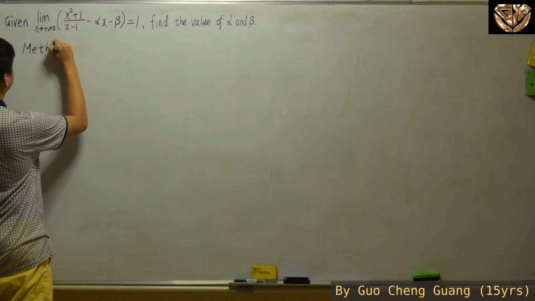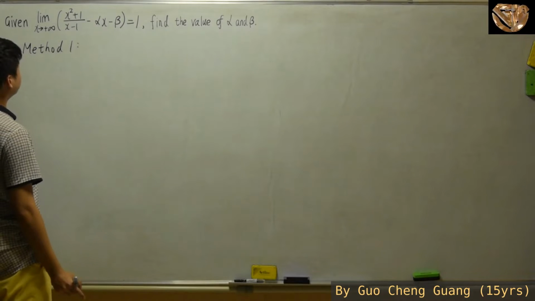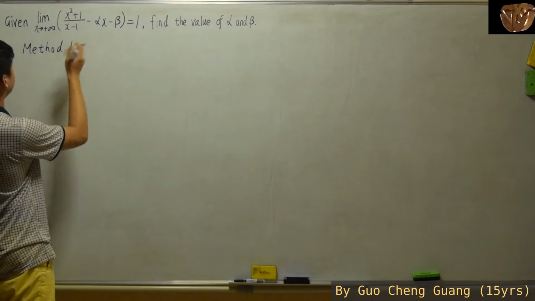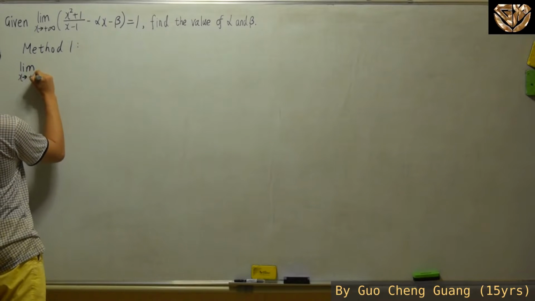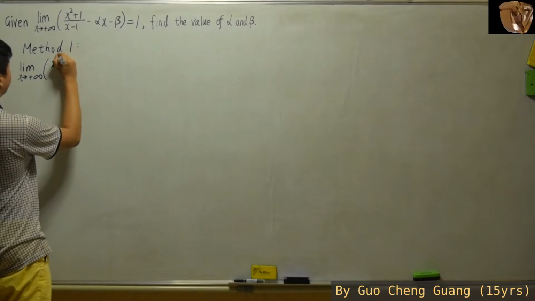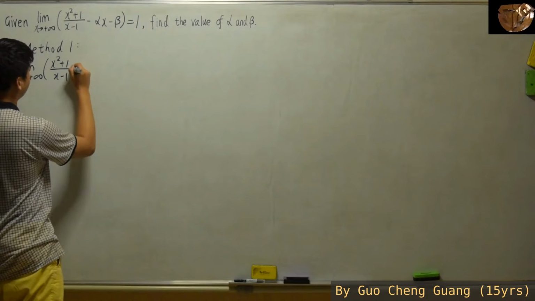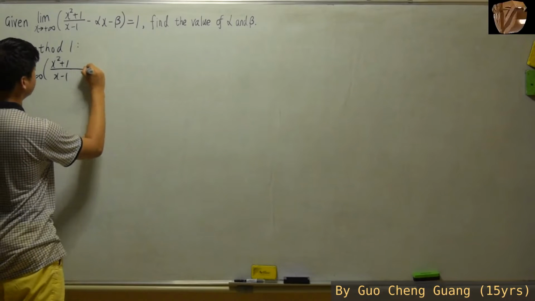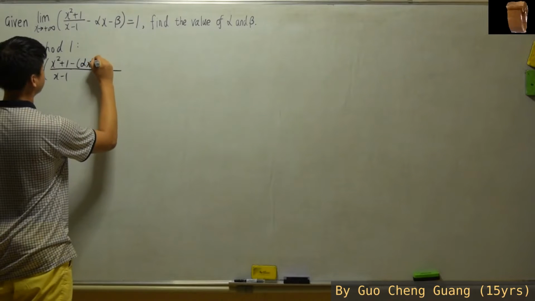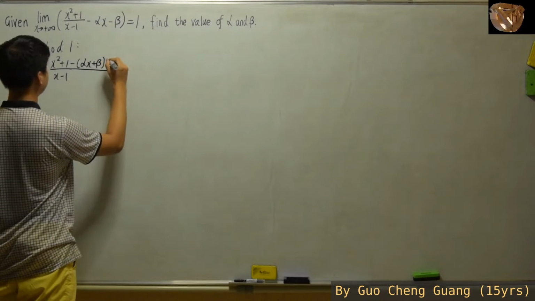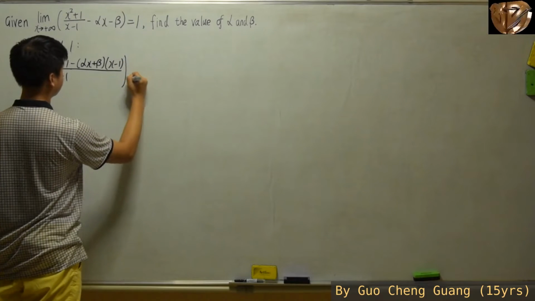method 1. So in this method, let's combine them into a single fraction. So the limit as x approaches positive infinity of x squared plus 1 over x minus 1 will now also have to subtract alpha x plus beta, then multiply by x minus 1.